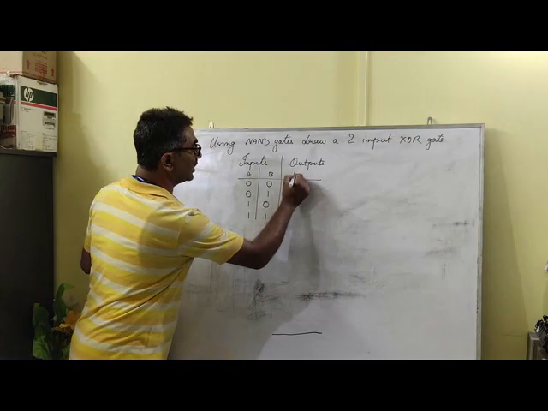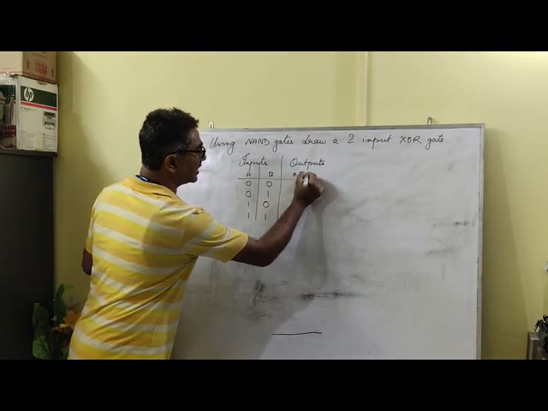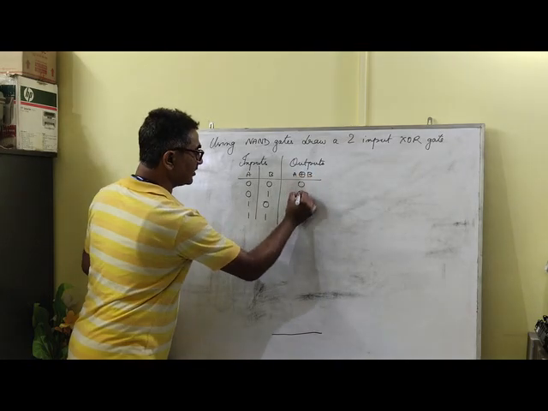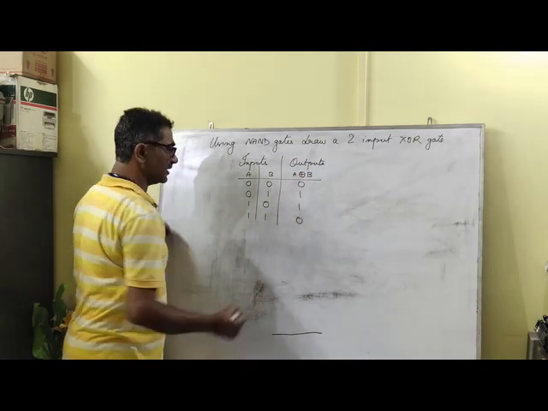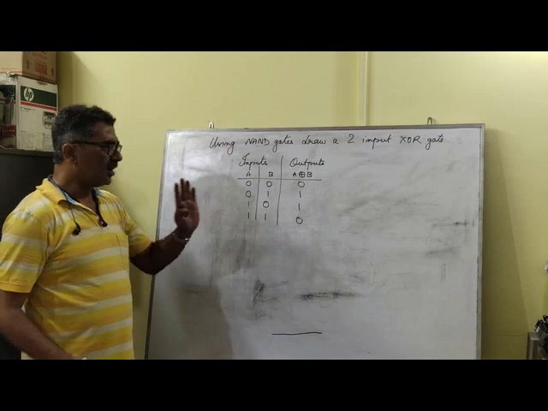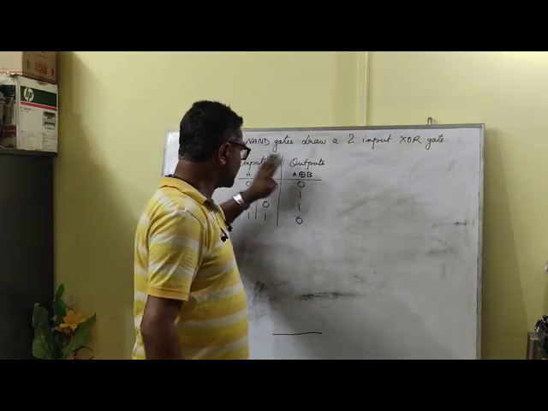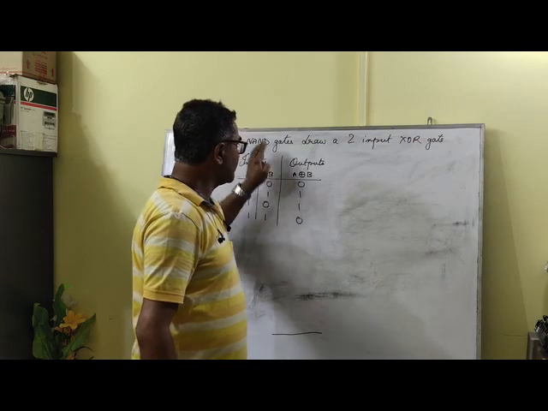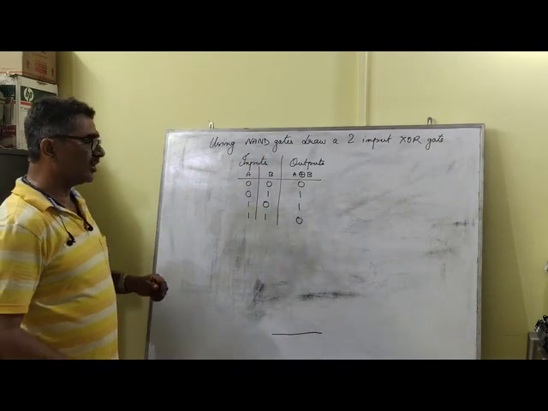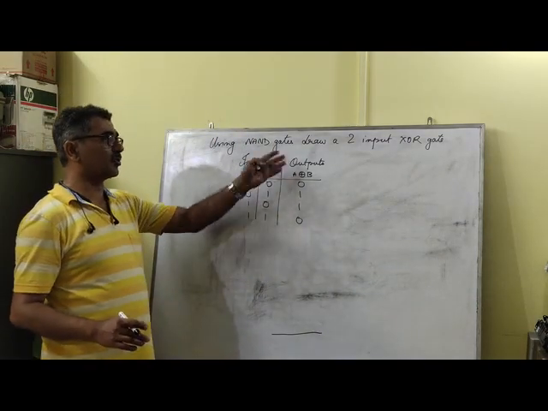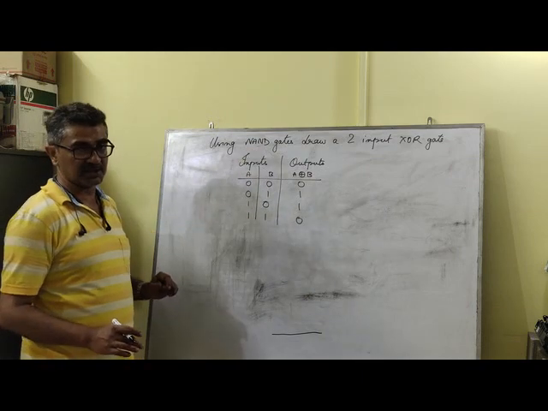And remember symbolically how do we write XOR instead of that plus. So this is 0, this is 1, 1, this is again 0. Now what we are going to do is draw the entire logic circuit for XOR using NAND gates. Now first of all we'll find the Boolean expression that corresponds to the XOR expression.